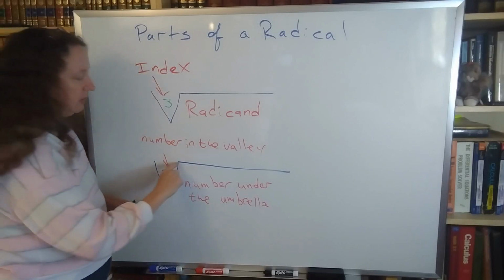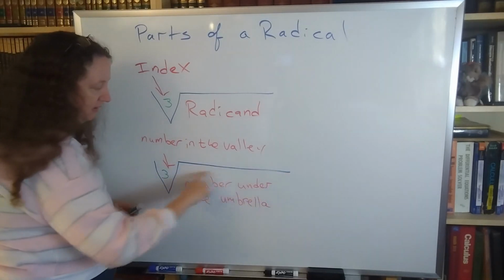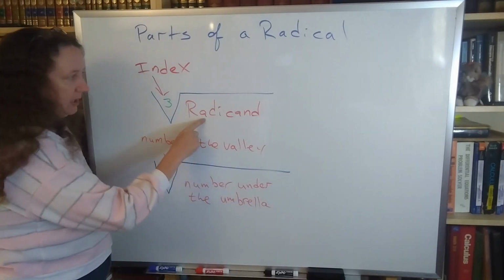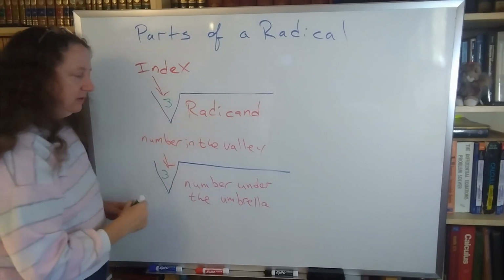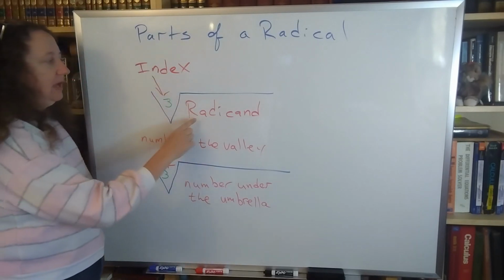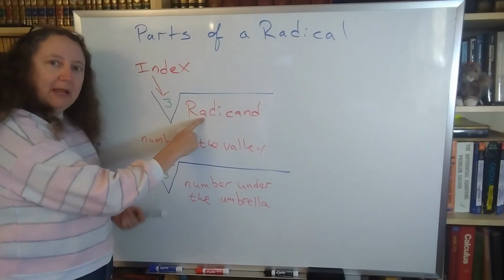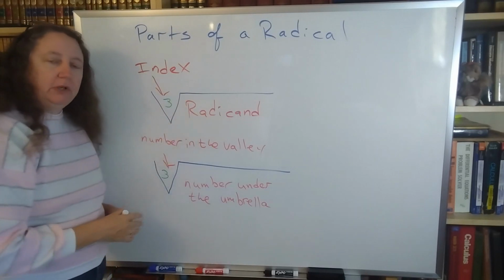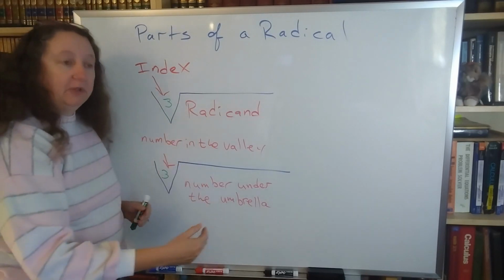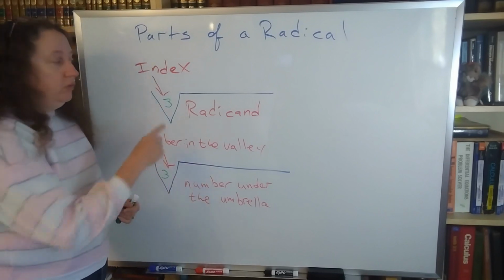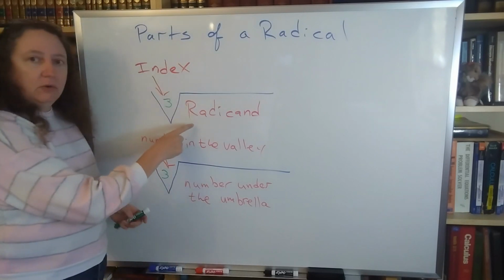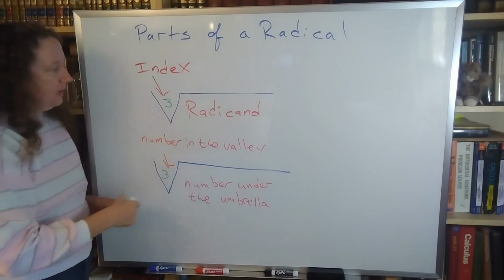And then you have your umbrella, and the number under the umbrella is called the radicand. So index and radicand are mathematical terms that if you are going to be going anywhere further in math up to calculus, then you need to learn index and radicand, or at the very least radicand.